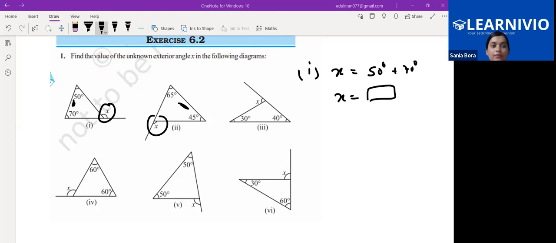Okay, let me check. Good. Hepzibah and Ananya correct. Okay, others finished?